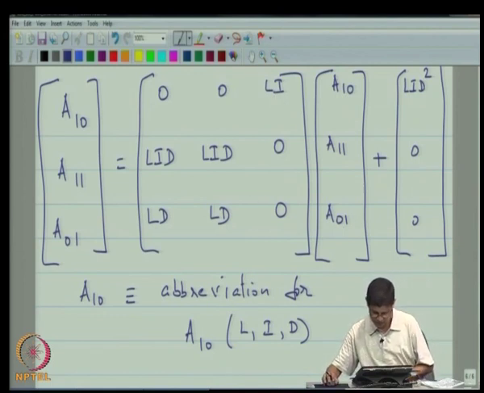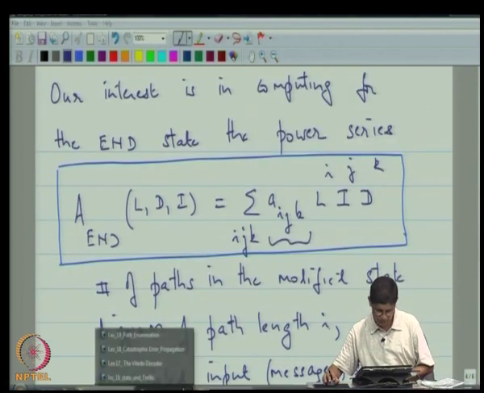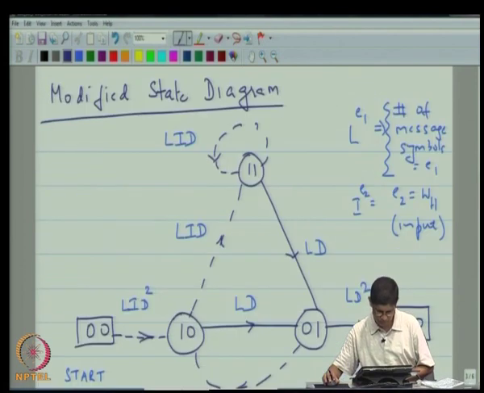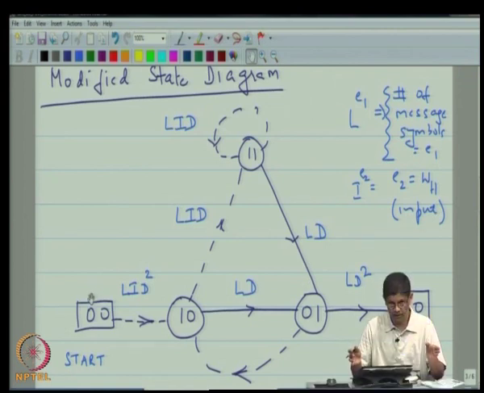So let us go back here to the modified state diagram. So for A10, we see that here is LID squared, because we assume that the generating function for the starting node is just 1, because there is only a path of 0 length, 0 input weight, 0 Hamming weight going from the start node back to the start node.